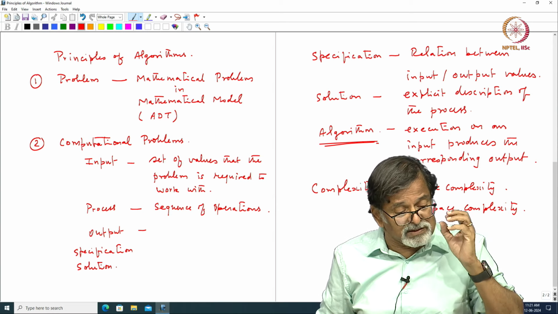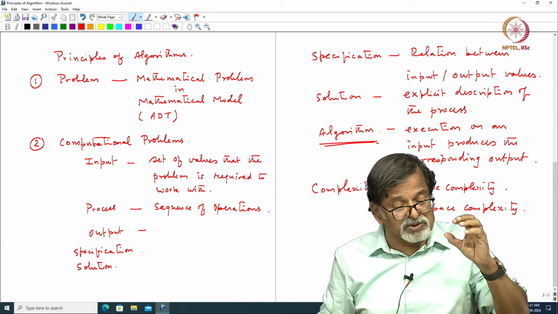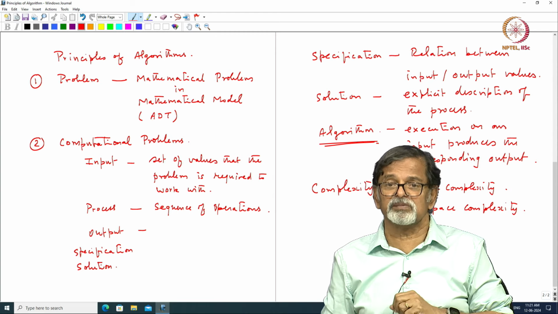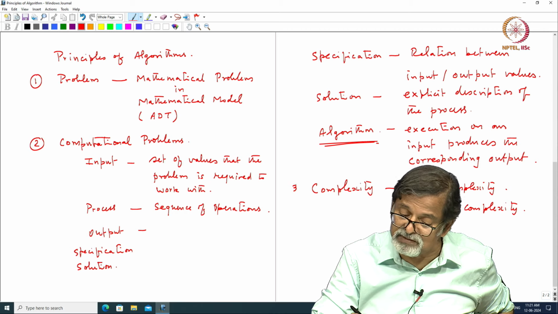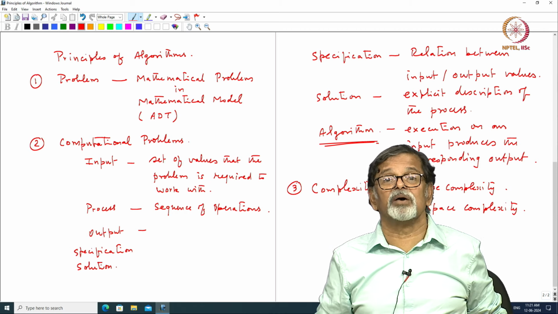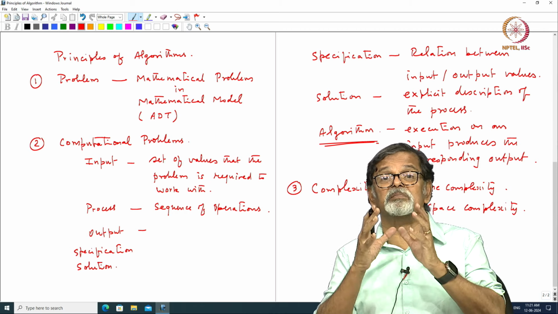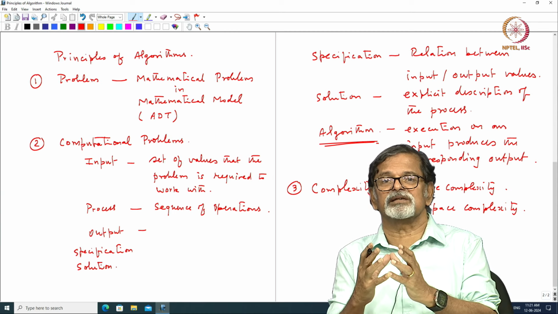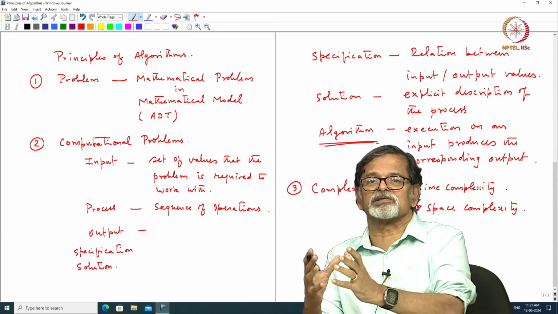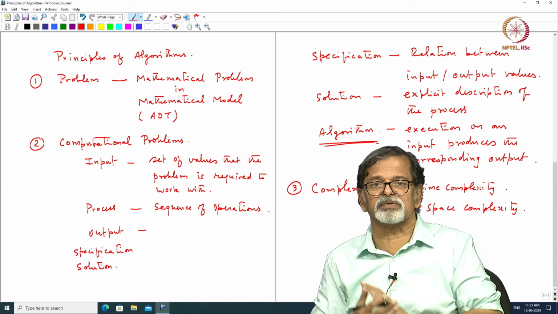So, the first principle is the notion of problem and computational problem. Then we have seen the notion of complexity, and now we are going to look at complexity measure. How do we measure the complexity of a process, a computational process?